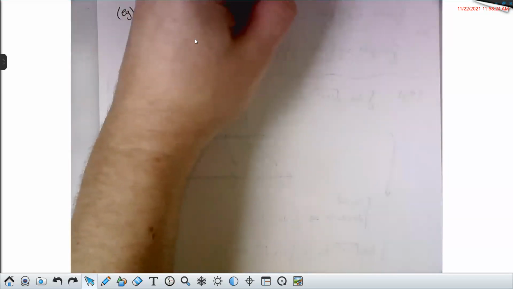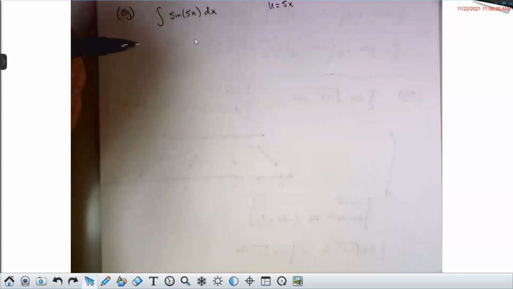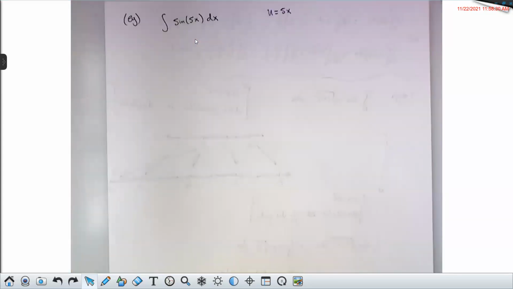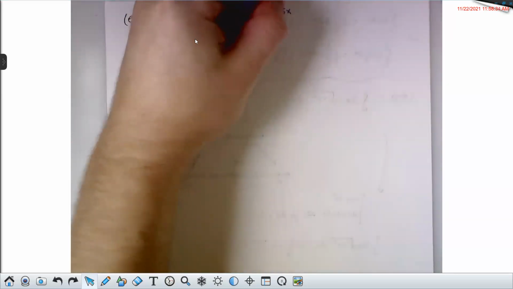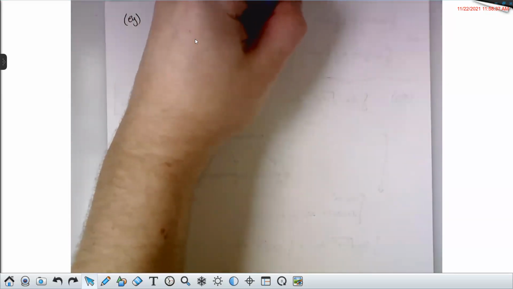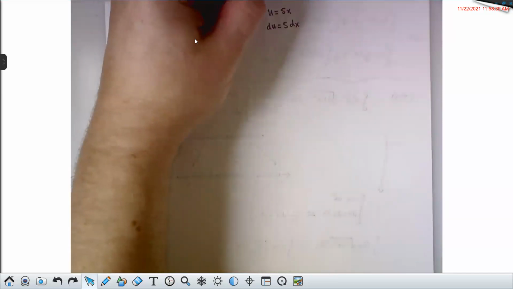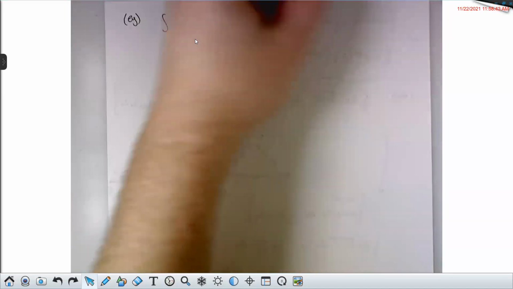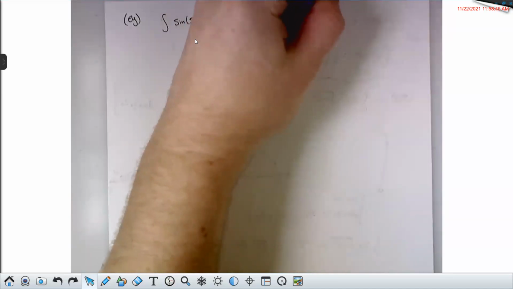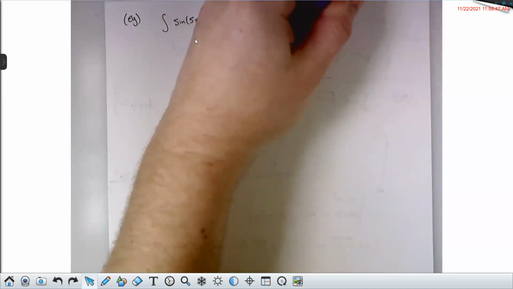So here, if I can substitute u equals 5x, then I'll be able to rewrite this as an integral just in terms of the sine of u, which is easy. I just need to remember that that means du is 5 dx. And solving this for dx, I get 1/5 du equals dx.